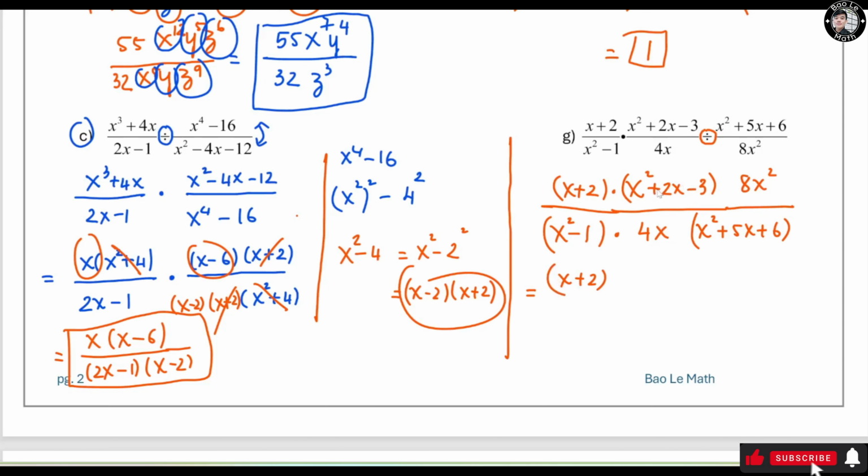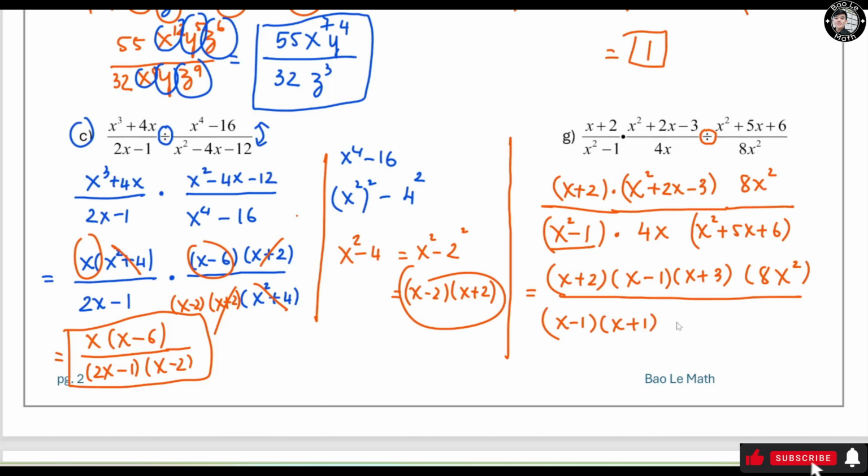For this one right here, it turns out to be s minus 1 times s plus 3, right? Times 8s squared over this guy right here turns out to be s minus 1 times s plus 1, right?